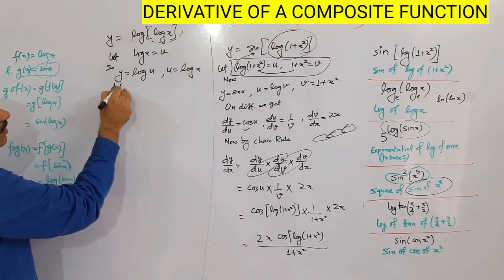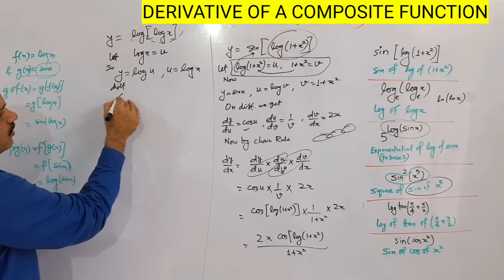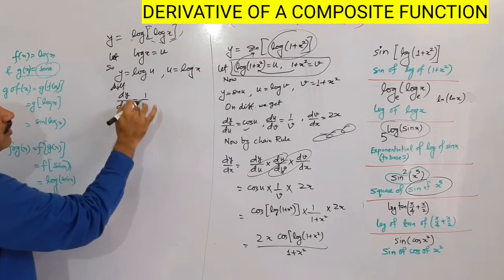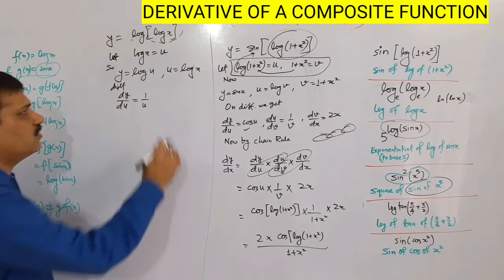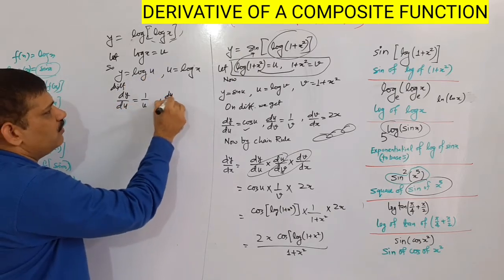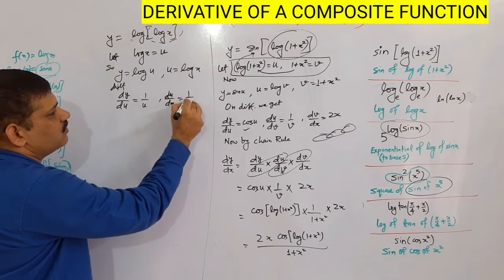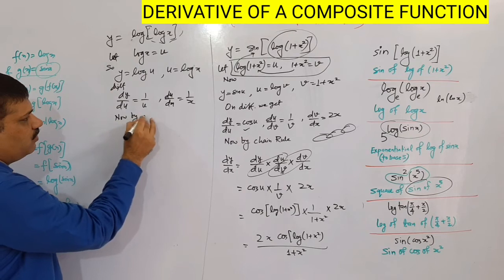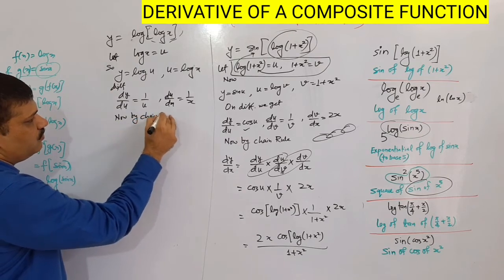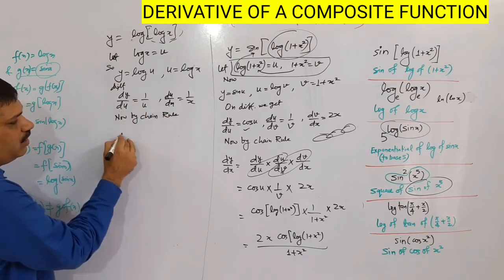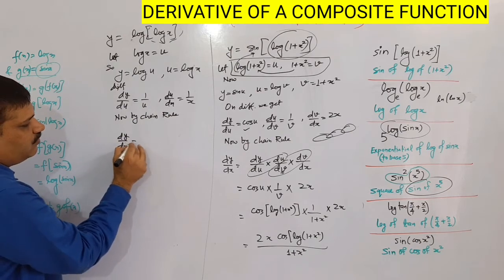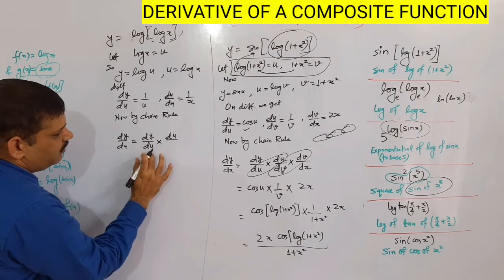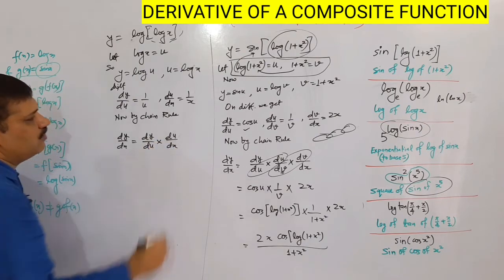Now differentiating, we get dy by du is equal to 1 upon u. The derivative of log is 1 upon x, that is 1 upon u. Here the derivative of log x is 1 upon x. Now by chain rule, derivative of y with respect to x is equal to derivative of y with respect to u multiplied by derivative of u with respect to x.